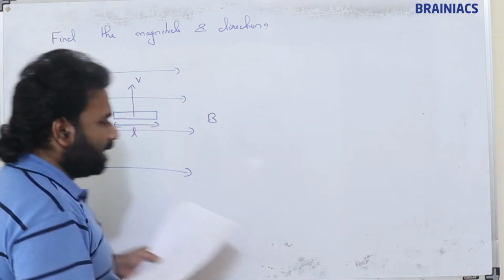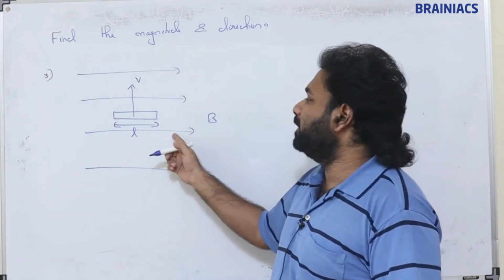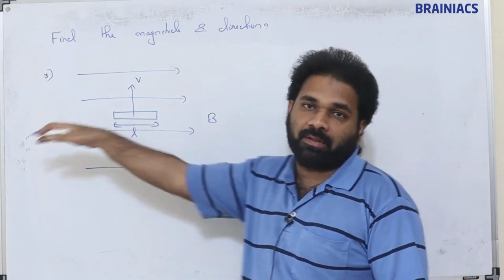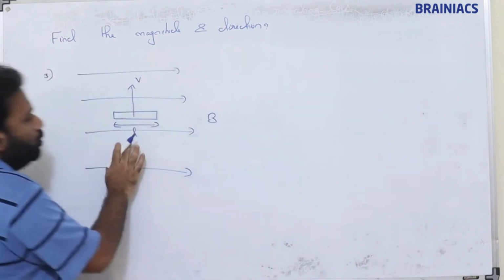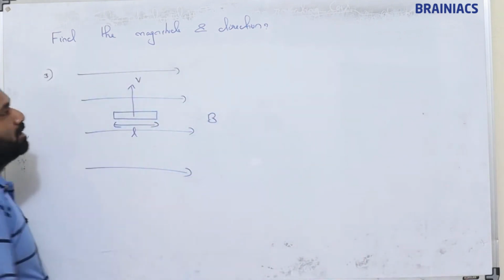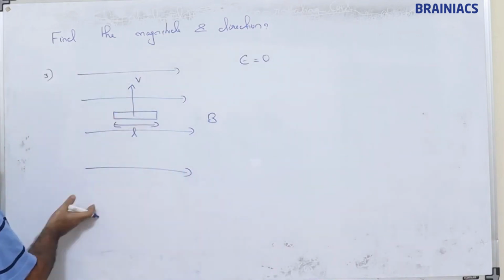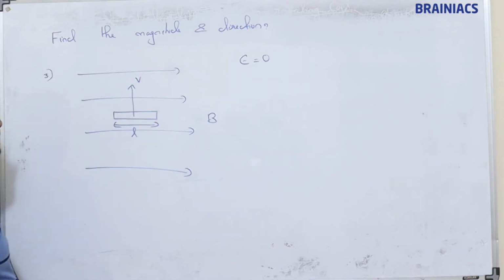So what will be the answer? So here the length vector is parallel to B. Either in this direction or that direction, whatever it may be. So definitely this answer is going to be 0 from the note itself. From the previous note what we have written, without wasting time you will be able to answer this question.